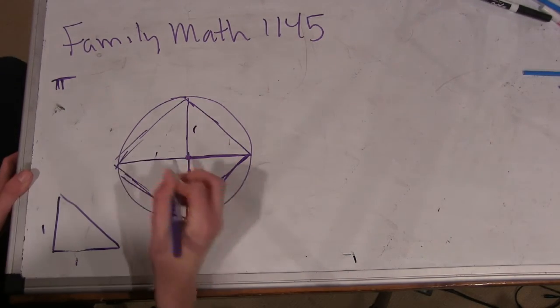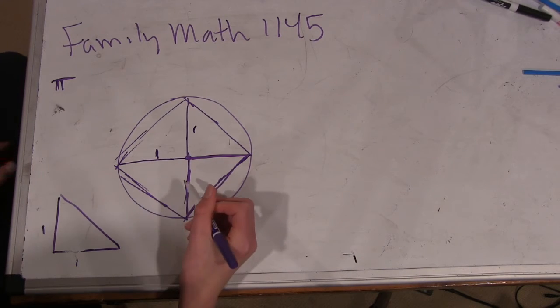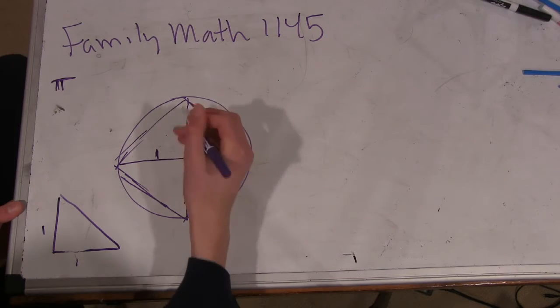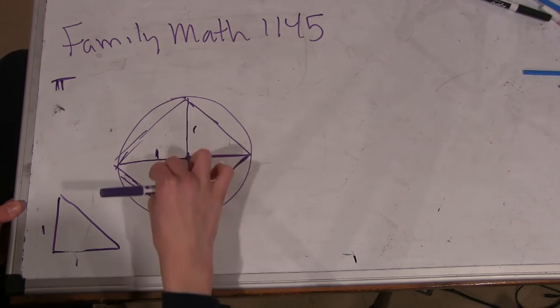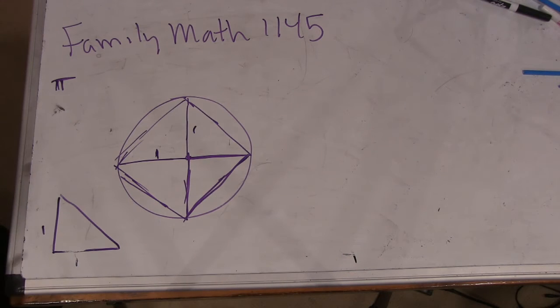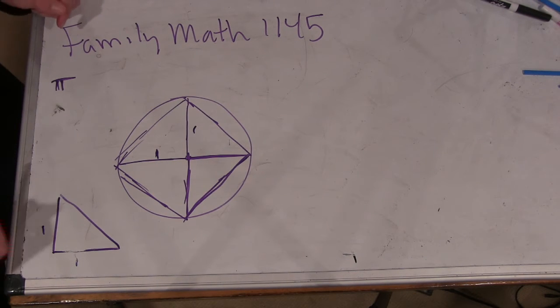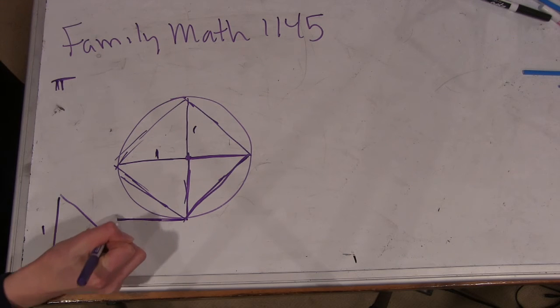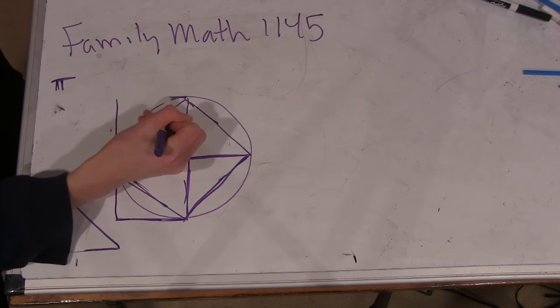And they knew how to find the area of these right triangles, so each of these would have area 1/2. And so the whole area of this would be 2. Right. Alright, got it.